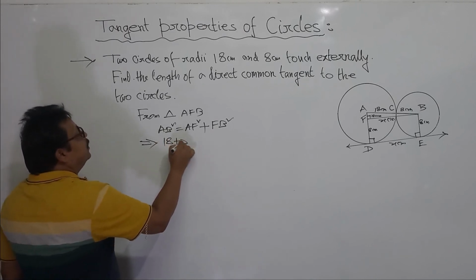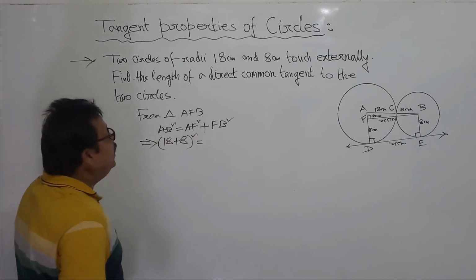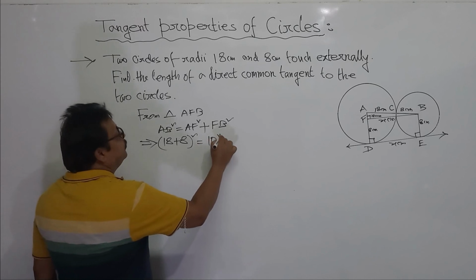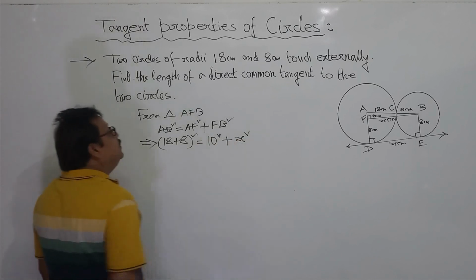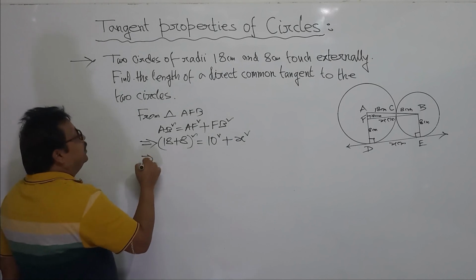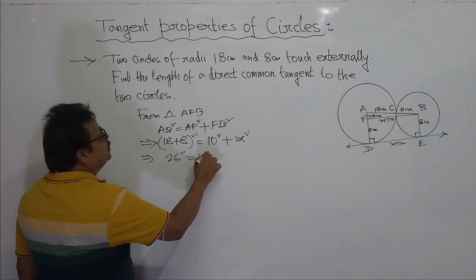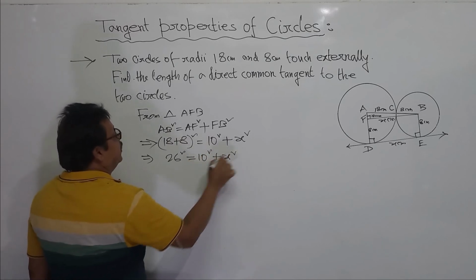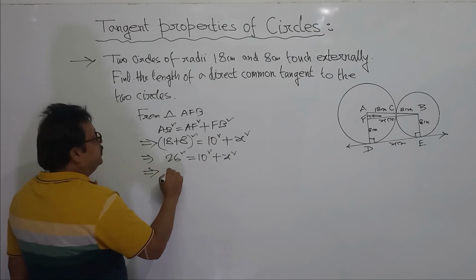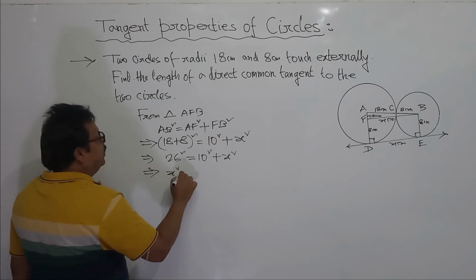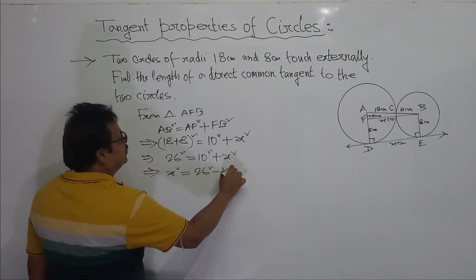What is AF? 10 centimeter. Plus what is FB? It is x. Correct? 18 plus 8, 26 square equal to 10 square plus x square. Change the side, x square is equal to 26 square minus 10 square.